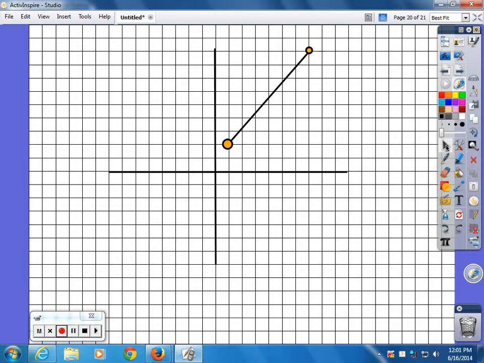All right, try that one. Those are open circles, not closed circles.